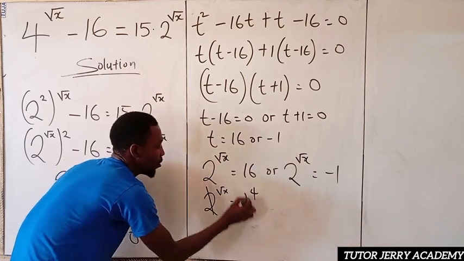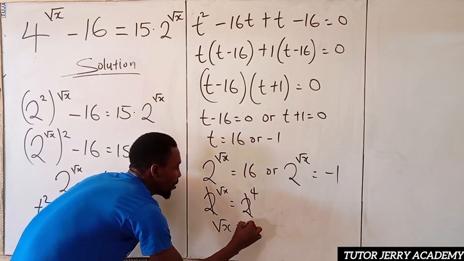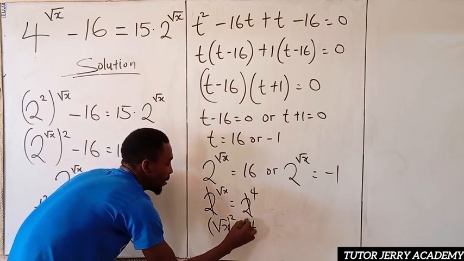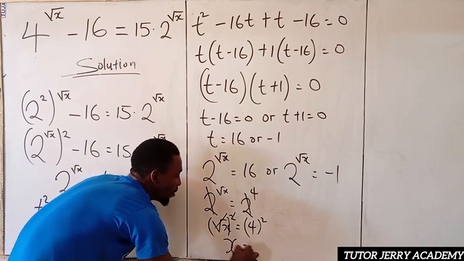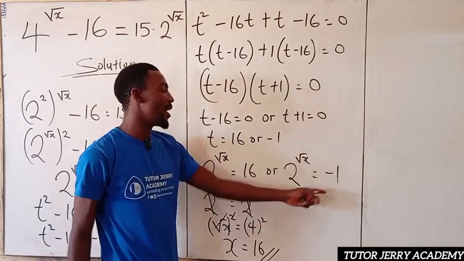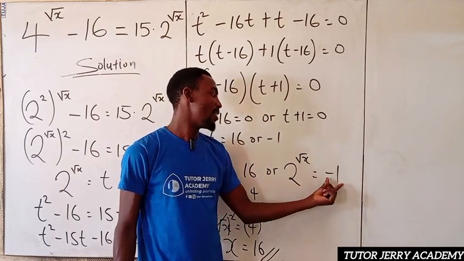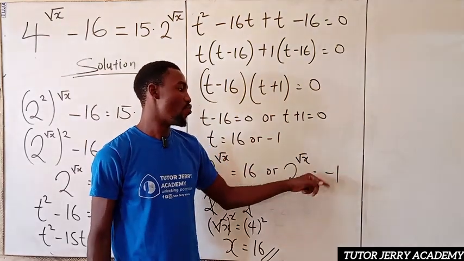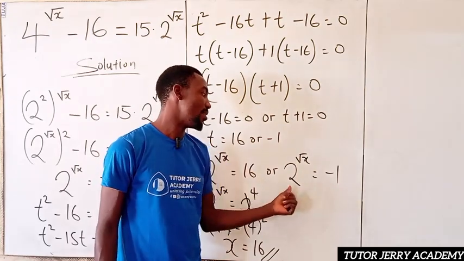So here 2 can go with 2, then root s will be equal to 4. If I square both sides, this will go with this, and we'll be left with s. So the value of s here is going to be equal to 16. But if you look at this, the base here is 2, and the base here is negative 1. There is no number that we can use to replace our negative 1 that will be in the same base with this.